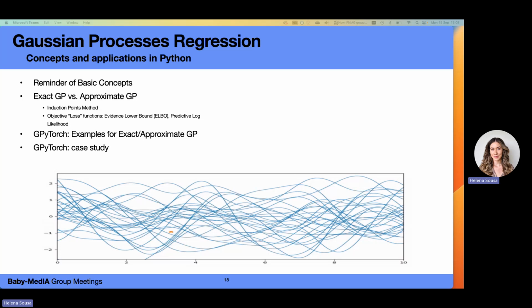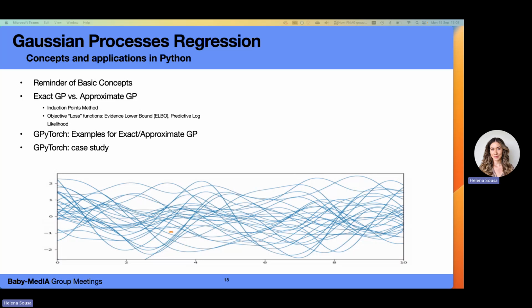This is quite a bit more important for when we're practically training these models in Python. In terms of approximate GPs, I'll talk about some important concepts, such as inducing points, and some of the objective or loss functions that are used for these.